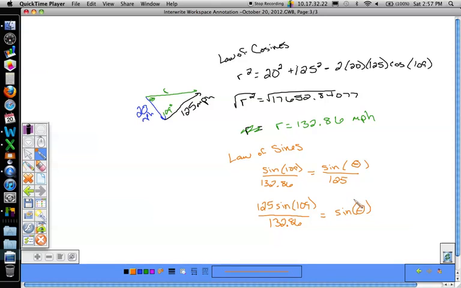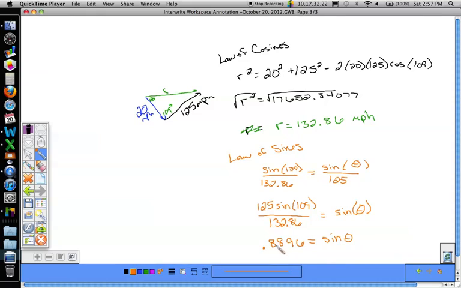That's really kind of up to you. And just give me 1 second here so I can do some of the multiplication. We just do 125 sine 109 divided by 132.86, and we get 0.8896 approximately equals the sine of theta.